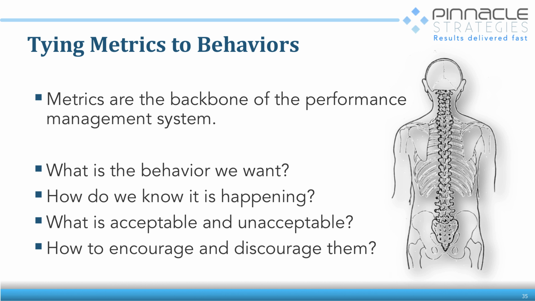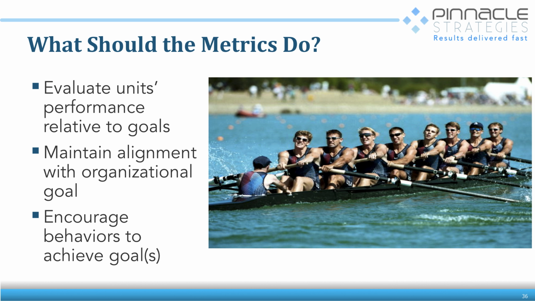How do we encourage the acceptable, discourage the unacceptable? And so this is the idea behind the metrics, behind the scoreboard. What we're doing is evaluating each local unit, its performance relative to the overall goal of the system, right? And to maintain that alignment, encourage those behaviors, right?